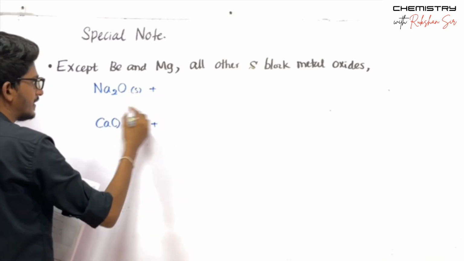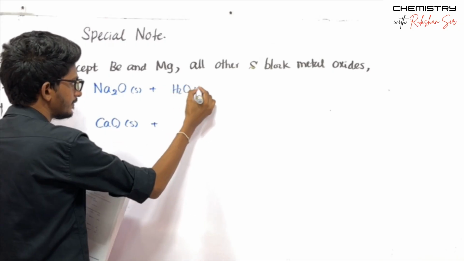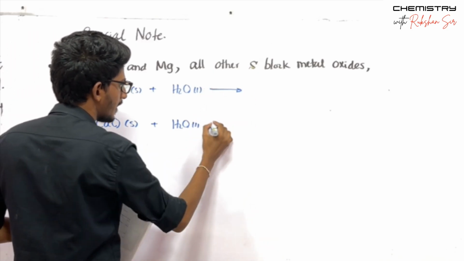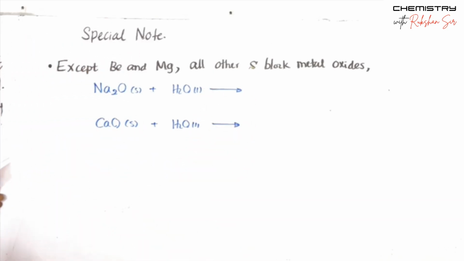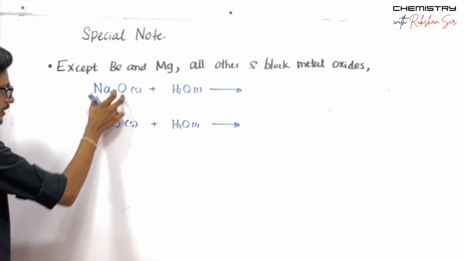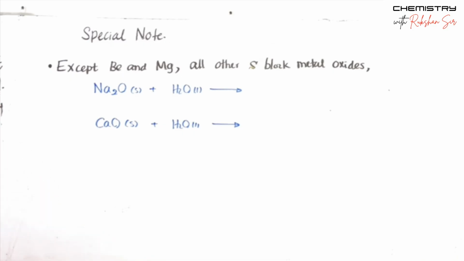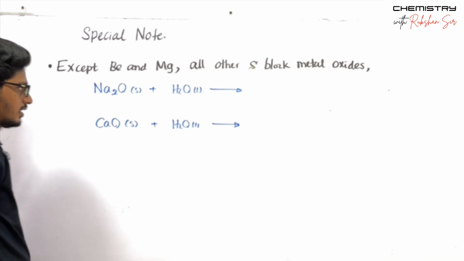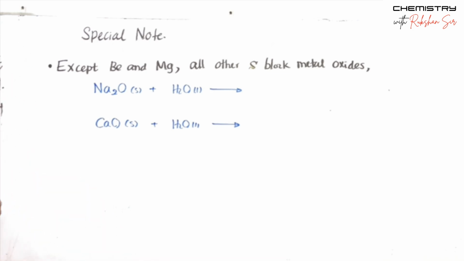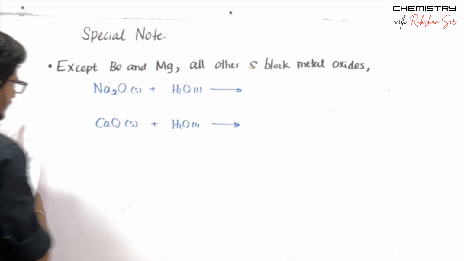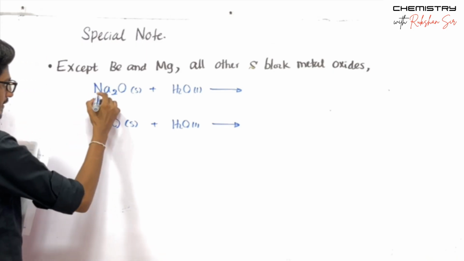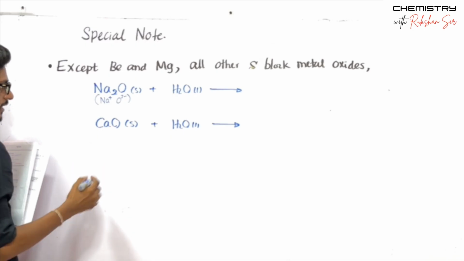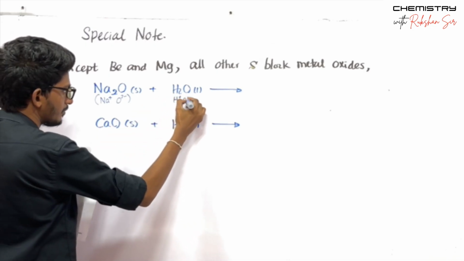If you're thinking of these reactions with water, it's very easy to come up with the products. S block compound reactions are ion exchange, right? So you have the Na plus ion and O2 minus ion here, and the H plus ion and OH minus ion here.